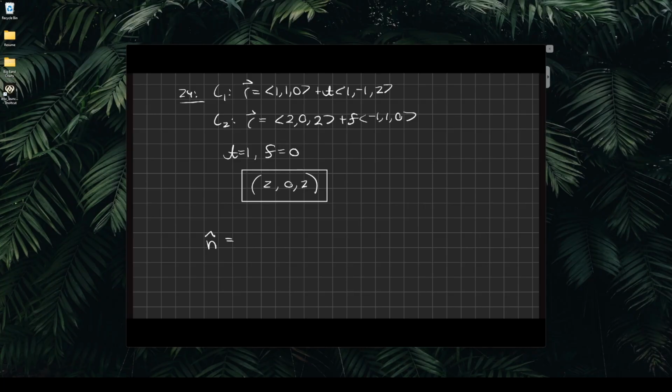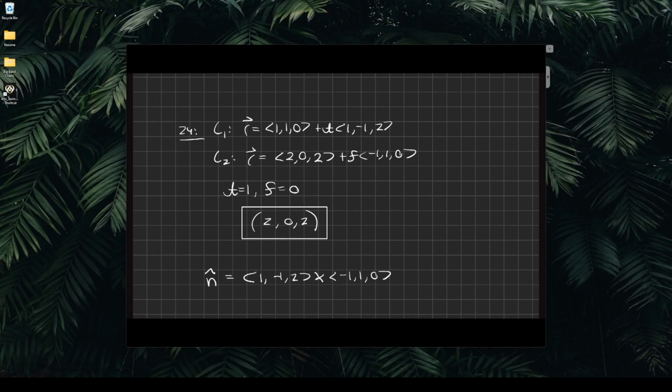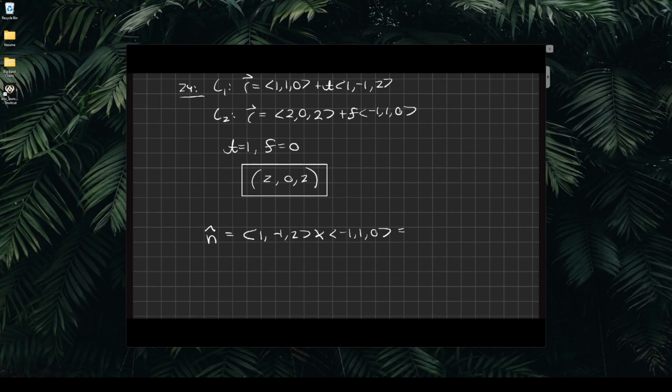So this would be vector 1, -1, 2 crossed with the vector -1, 1, 0 from above. And we should find that this is -2, -2, 0. So we could use n equals 1, 1, 0.